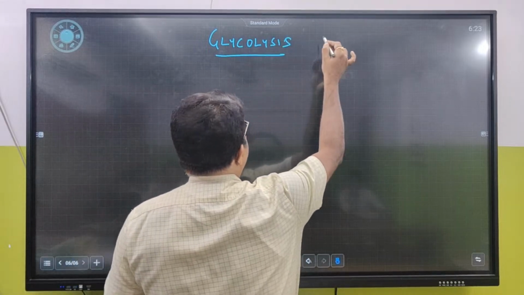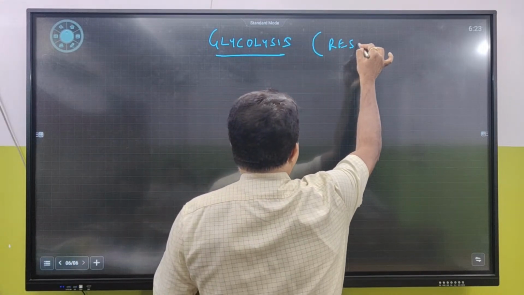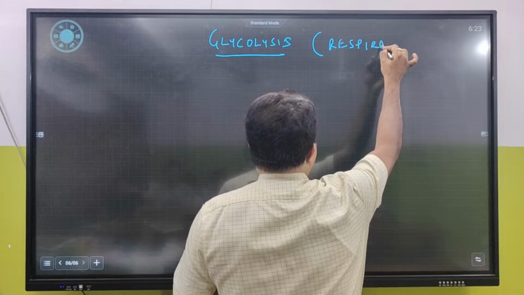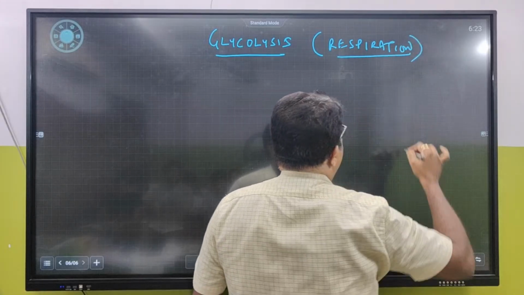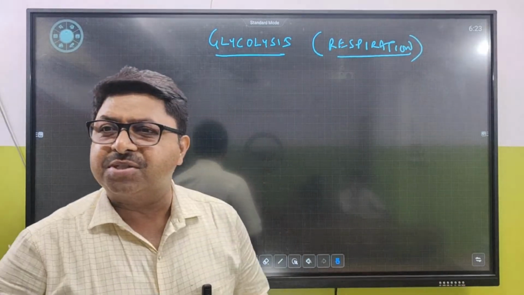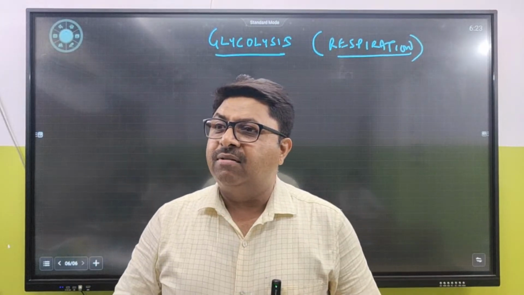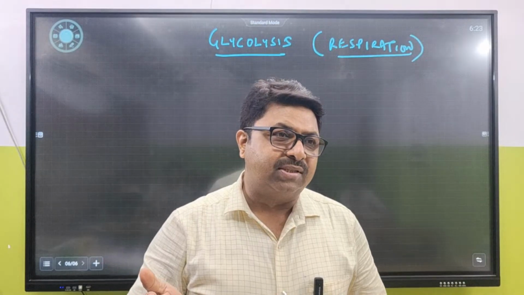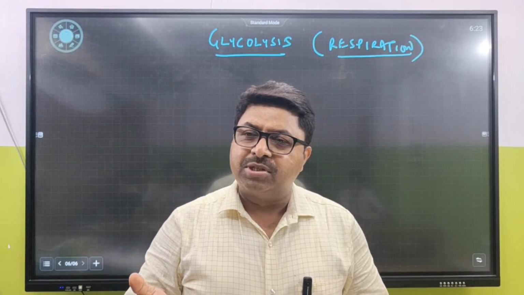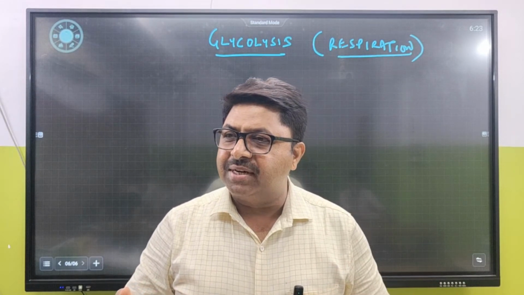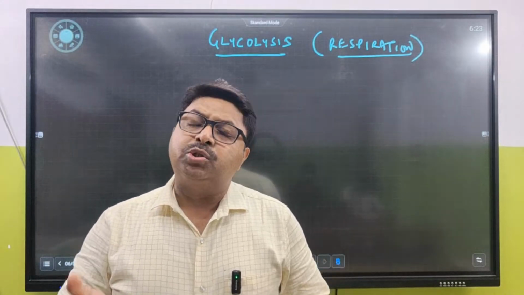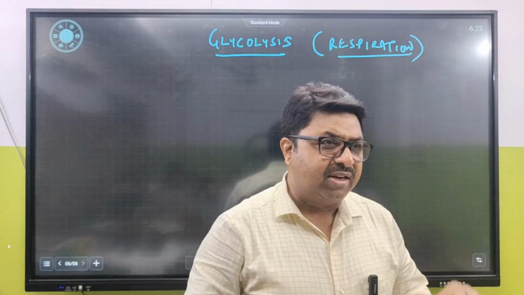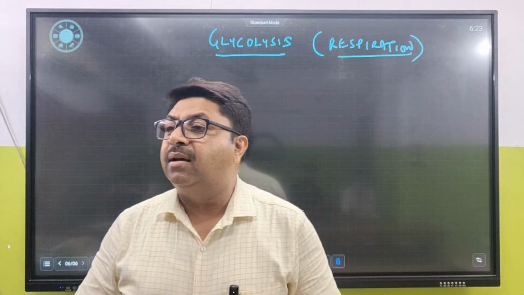Glycolysis is the first step of respiration. On the very first day I said that respiration and photosynthesis are just opposite. Photosynthesis is an anabolic process; respiration is a catabolic, destructive process. So glucose is made during photosynthesis and broken down in respiration.